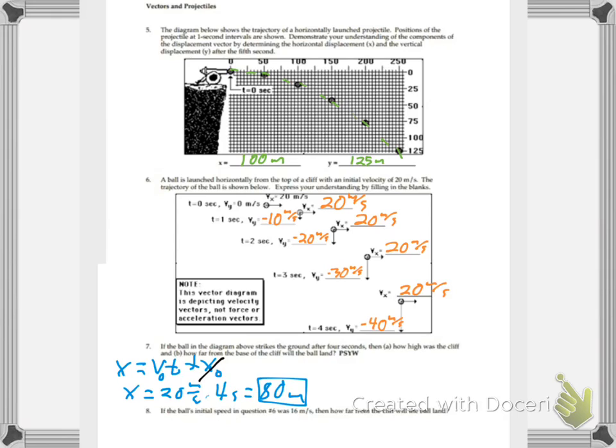So part A, how high is the cliff? If we want to take a look at how high this cliff is, that's going to be our kinematic equation again.